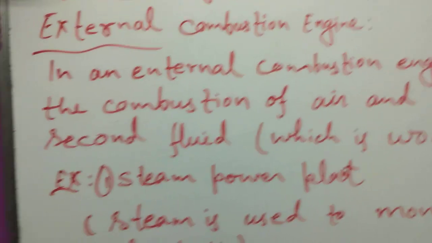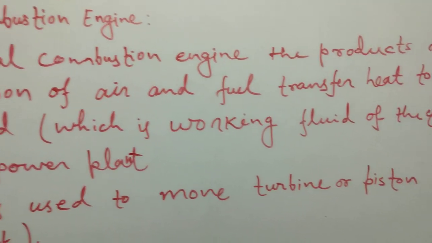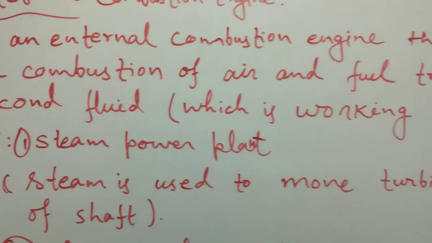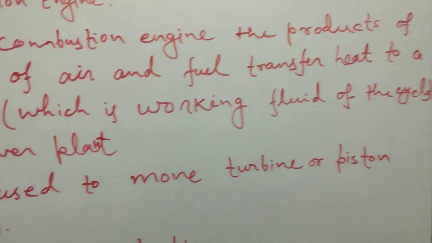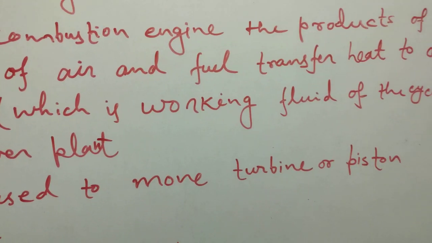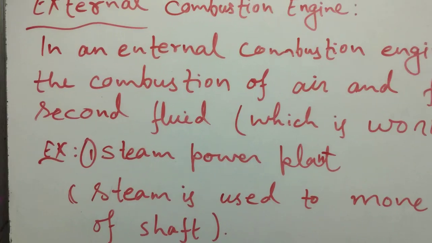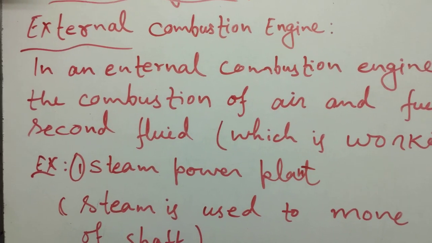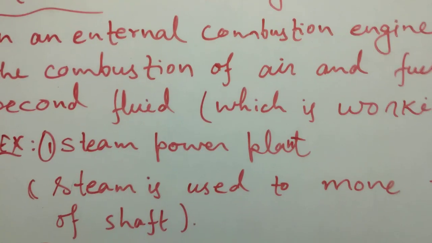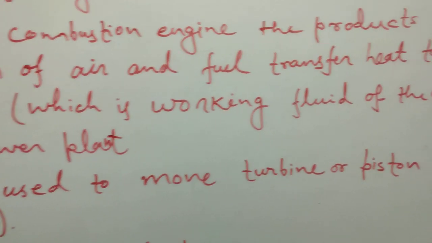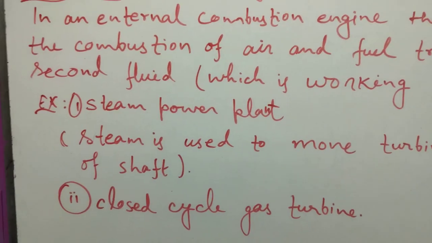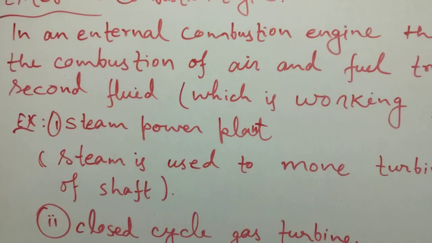External combustion engine. In an external combustion engine, the products of the combustion of the air and fuel heat a secondary fluid, the working fluid, which is used to produce power.